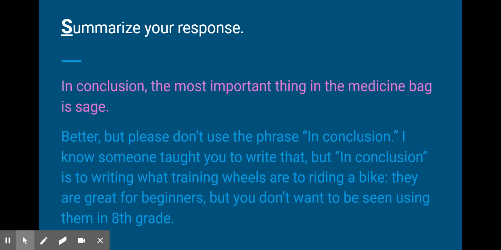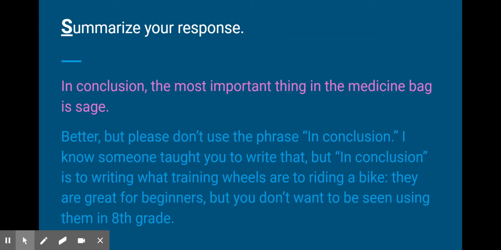I know you were taught that at some point along the line. I don't know if it was fifth grade or somewhere around there, but using those super basic, artificially inserted transition statements, that's great when you're first learning how. But it's eighth grade, you need to do better.